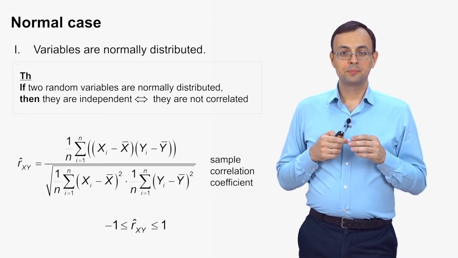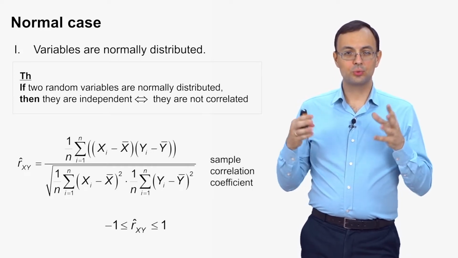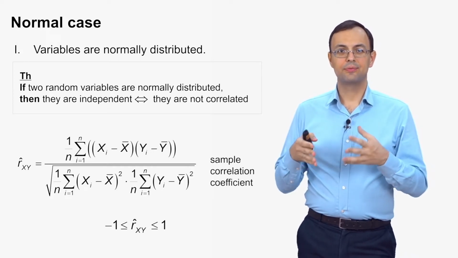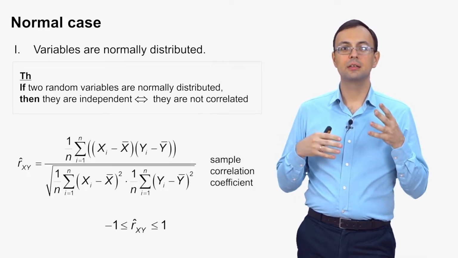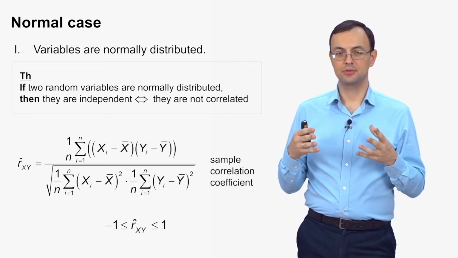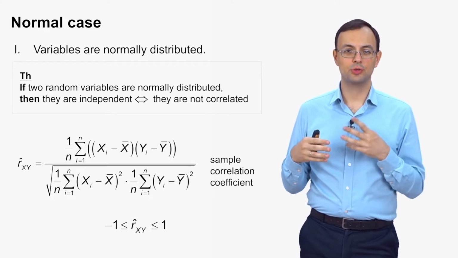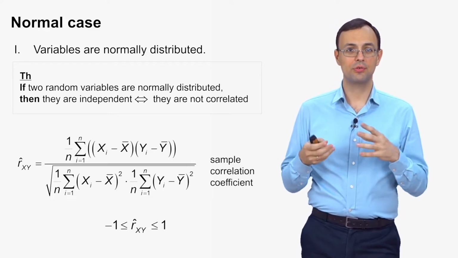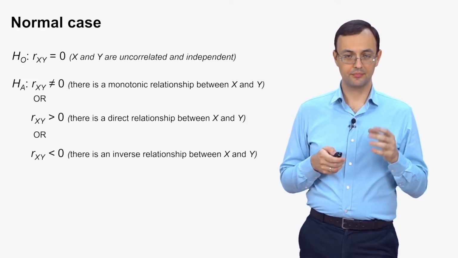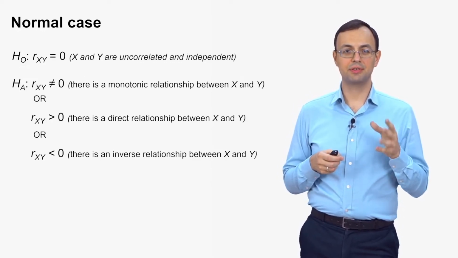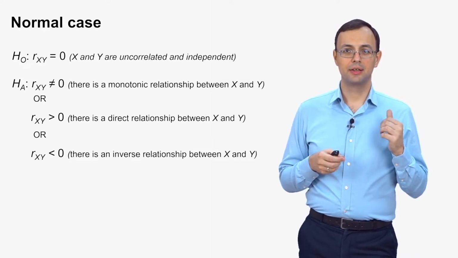After we have calculated the sample correlation, we can estimate how strong the dependence is, and then we can test a hypothesis. What we have here is very similar to the previous case.